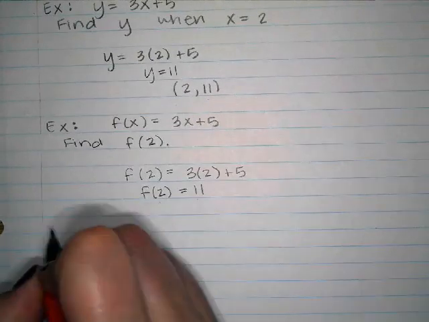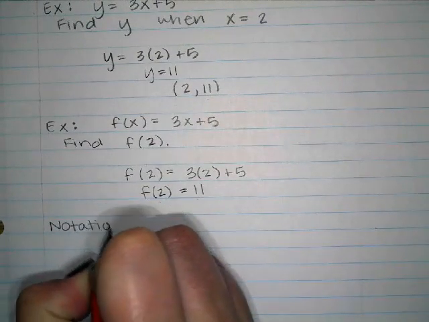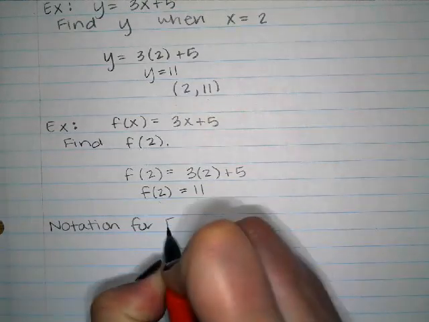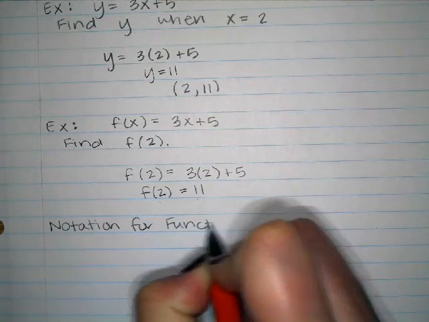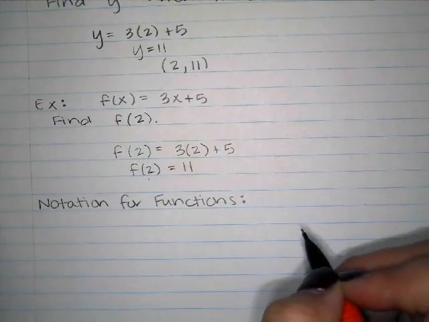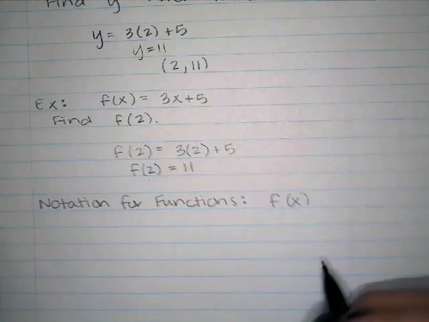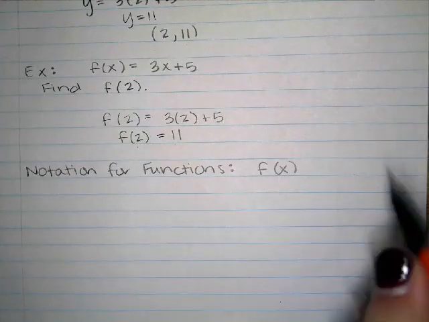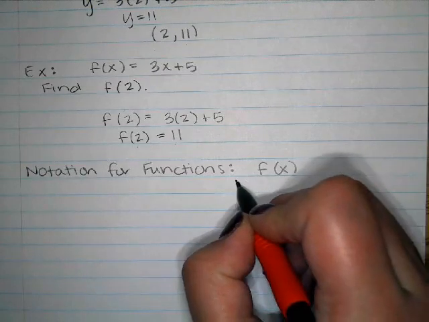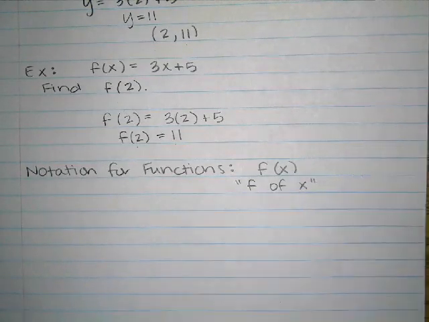So here, the notation that we're going to use for functions is f of x, sometimes they use g of x. To read it out loud, we literally say f of x.